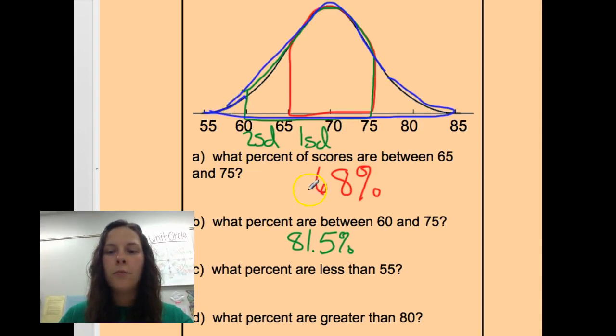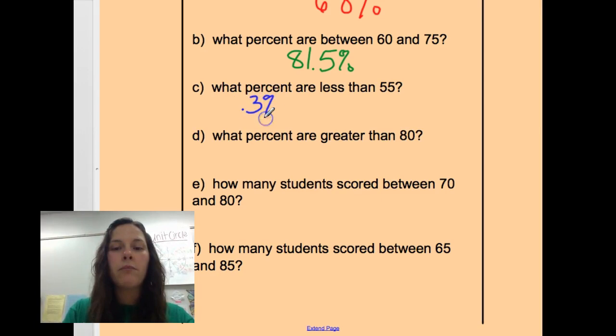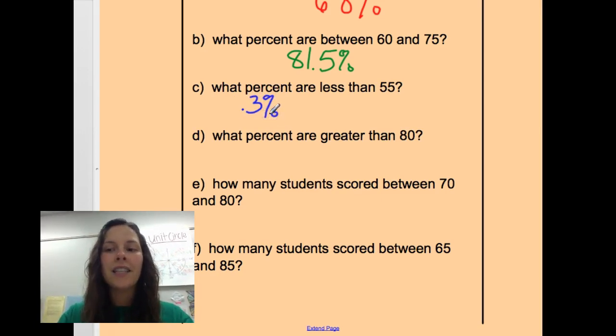So what we're going to do is take that 99.7% and subtract it from 100, which gives us 0.3%. So 0.3% of the data is less than 55 or greater than 85. So when we cut this in half to get just the percent less than 55, it's 0.15% of the data would be less than 55.